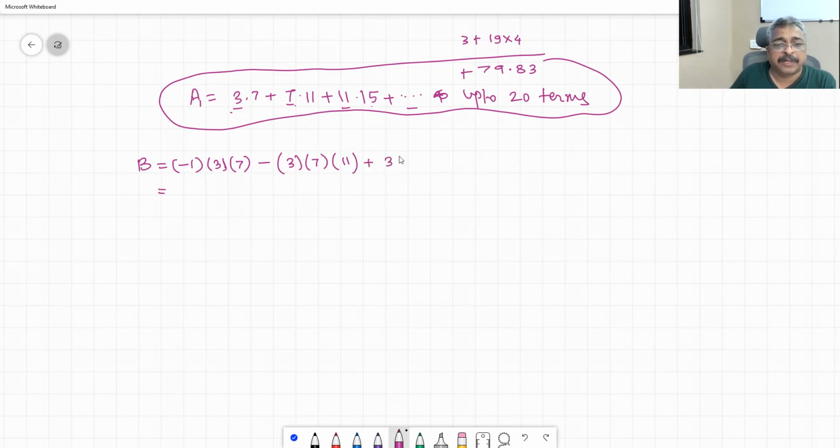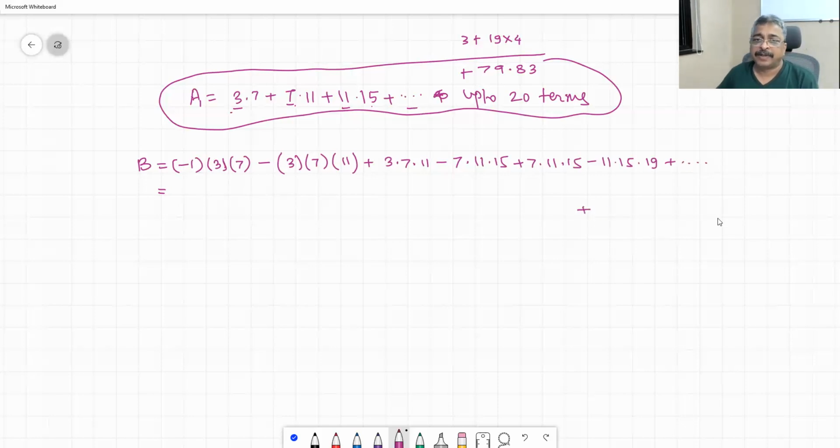Plus 3 into 7 into 11 minus 7 into 11 into 15 plus 7 into 11 into 15 minus 11 into 15 into 19 plus dot dot dot. Then what will happen in the end? You have 79 into 83 into 87. This is minus.